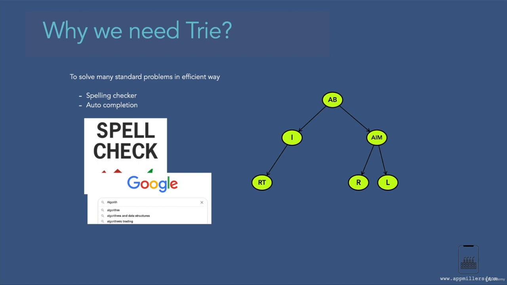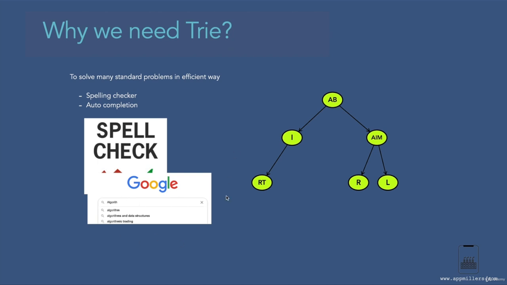One way of doing this is using a trie data structure. So these suggestions come from the trie data structure. Simply, when you type A, whatever the next nodes are, we return all of them as suggestions. In that way, we simply implement a Google autocomplete feature. Of course, Google might be using some more advanced technology, but the logic behind remains the same.